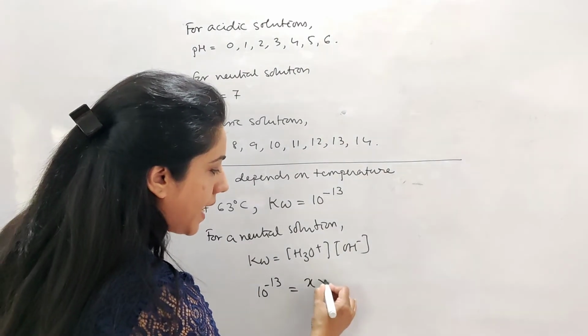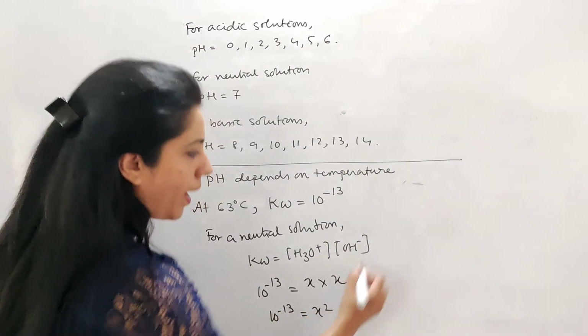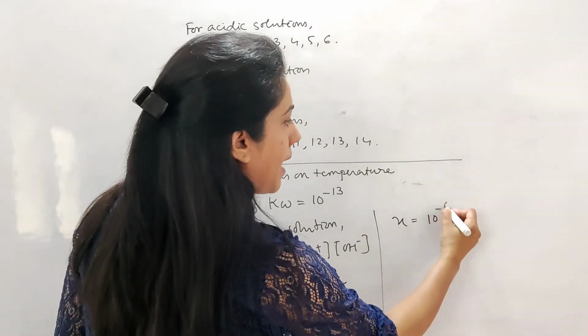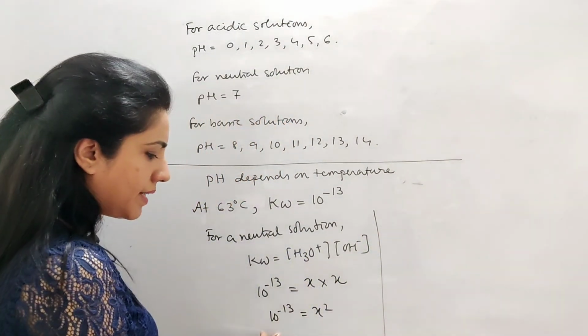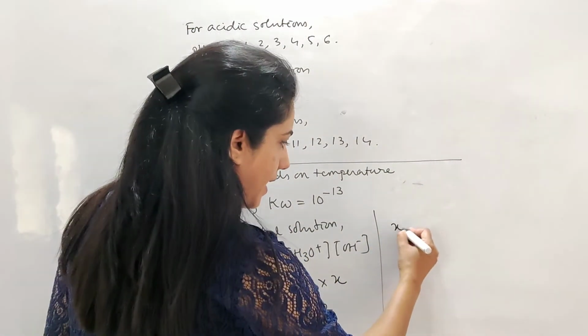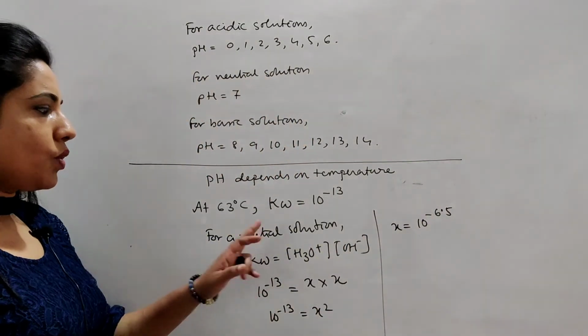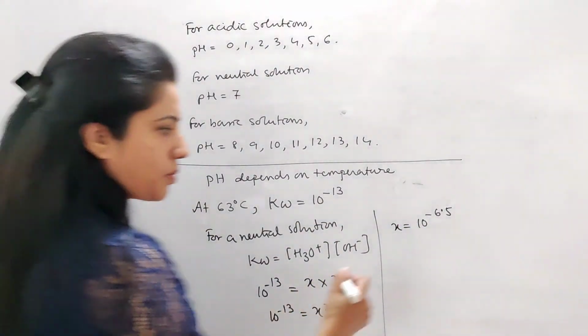So we will take this as x, this is also x. So 10 raised to power minus 13 is x square. So from here we get x is equal to 10 raised to power minus 6.5. So we get each concentration is equal to 10 raised to power minus 6.5.